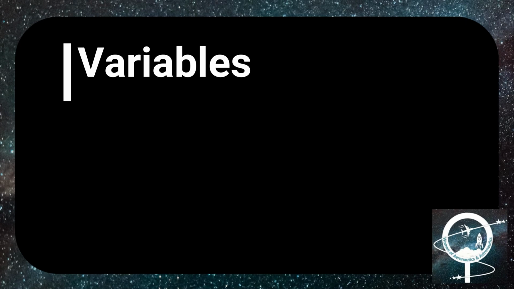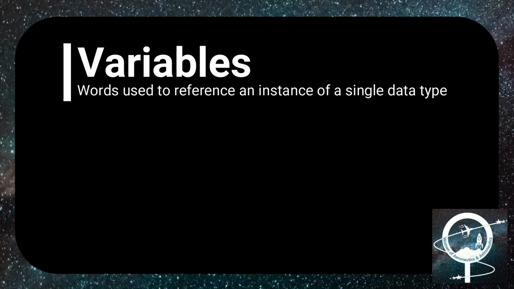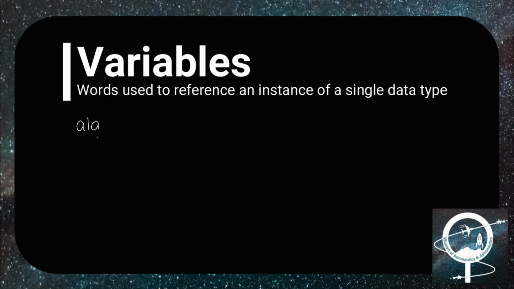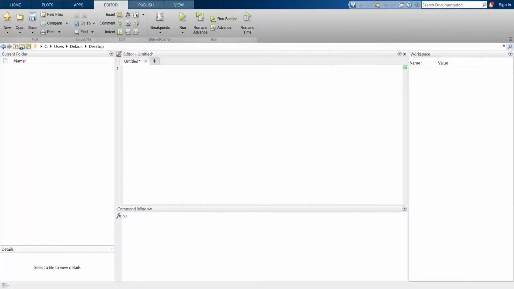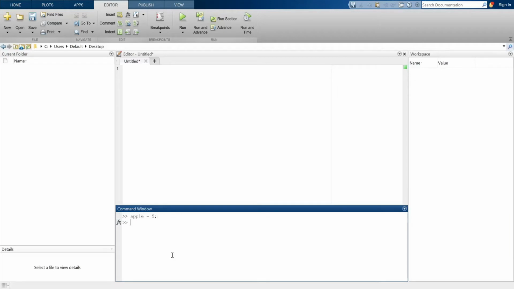All of these data types that we've talked about so far can be stored in variables, which are words used to reference an instance of a single data type. This is similar to how variables are used in algebra, where x can be used to reference a number. To make an integer variable, you simply equate a variable to a number. For example, if you have 5 apples, you can create a variable called apples that you set equal to 5.